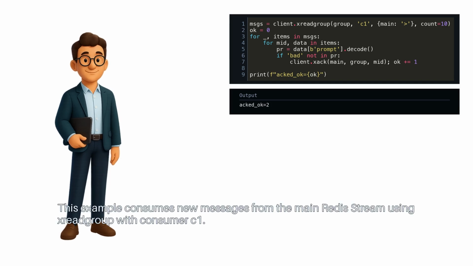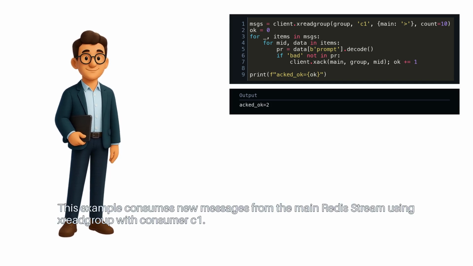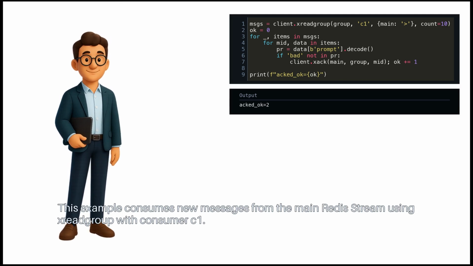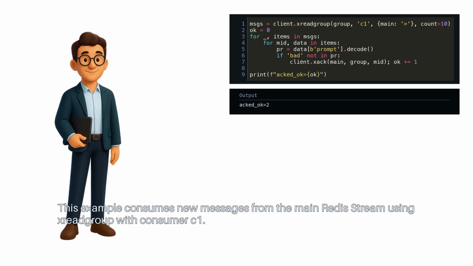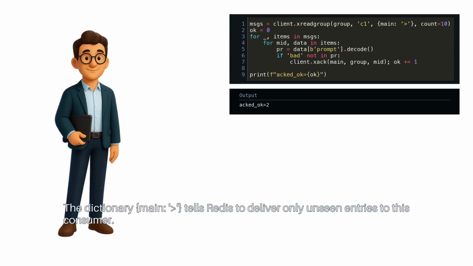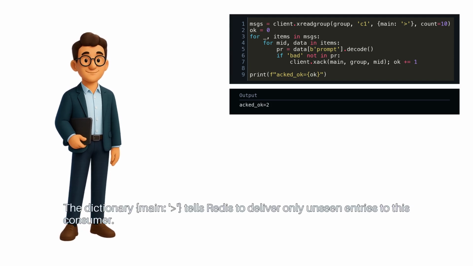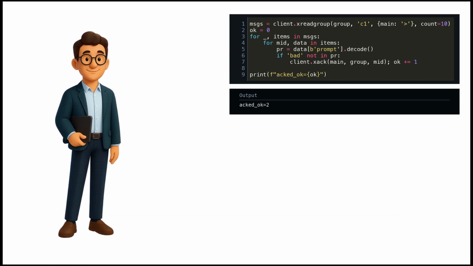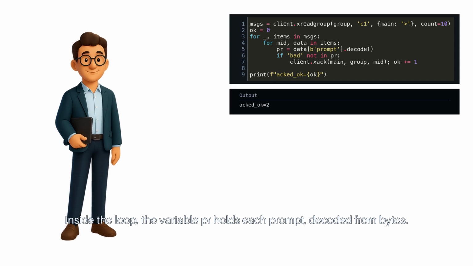This example consumes new messages from the main Redis stream using xreadgroup with consumer C1. The dictionary {main: ">"} tells Redis to deliver only unseen entries to this consumer. Inside the loop, the variable pr holds each prompt, decoded from bytes.